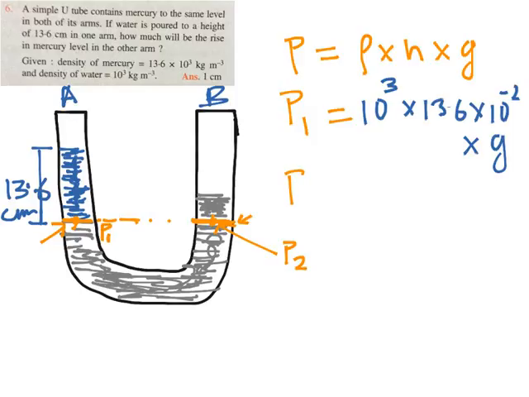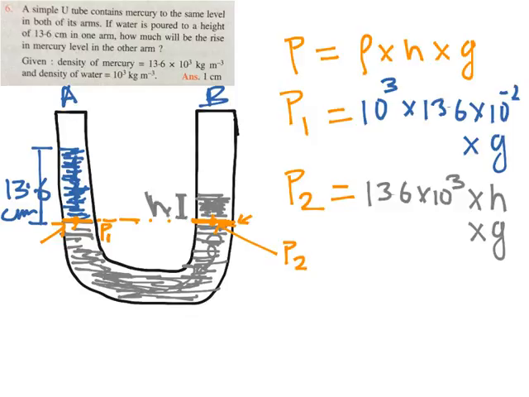P2 is because of the height of this mercury column, so we call it h, in gray color, which denotes mercury. The density of mercury is 13.6 into 10 to the power 3 kg per meter cube, into h into g.